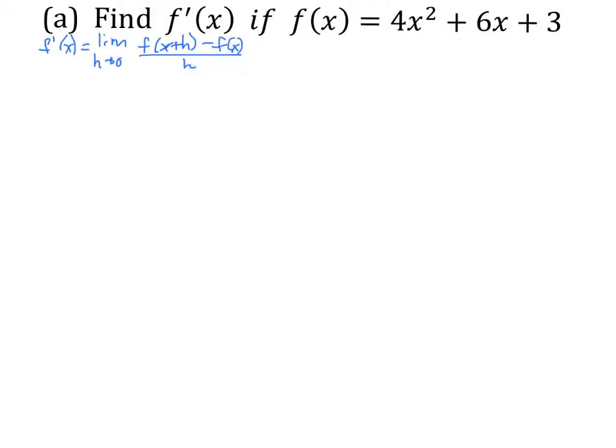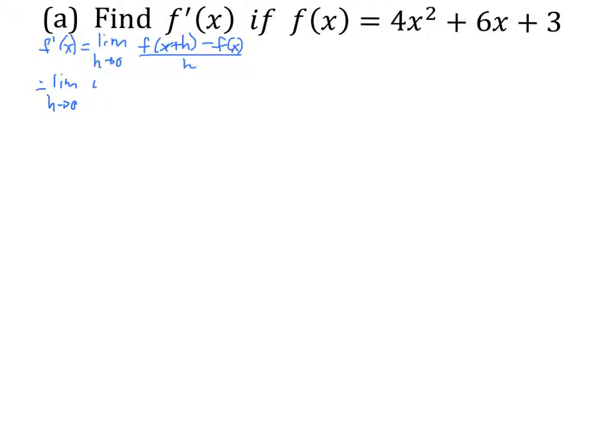So we've got equals, you're going to have to write small, the limit as h approaches 0 of, now we're going to start with substituting in x plus h into the function.